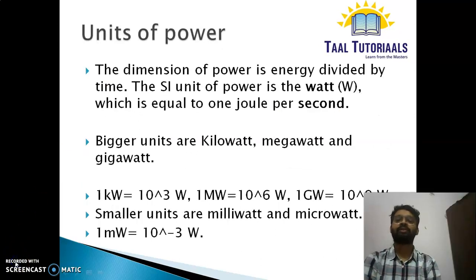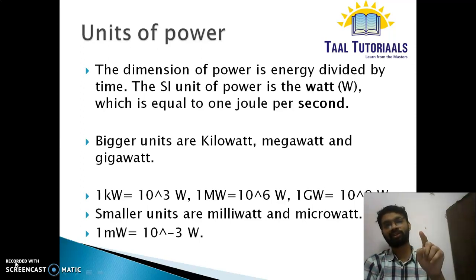In this slide we are working on units of power. The dimension of power is such that it is energy or work divided by time. So the SI unit of power is watt.